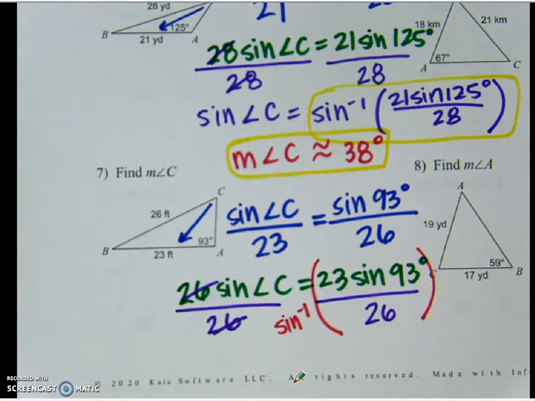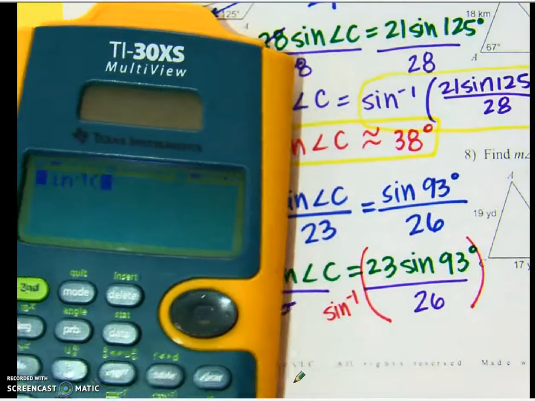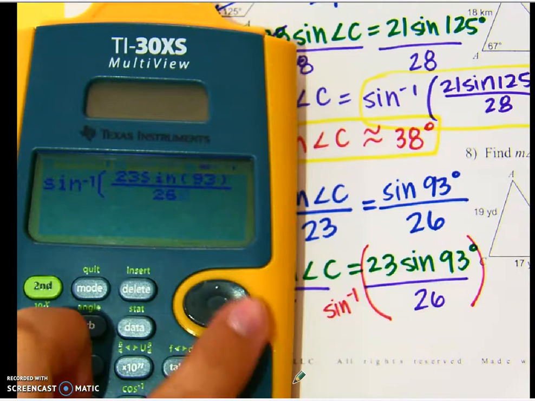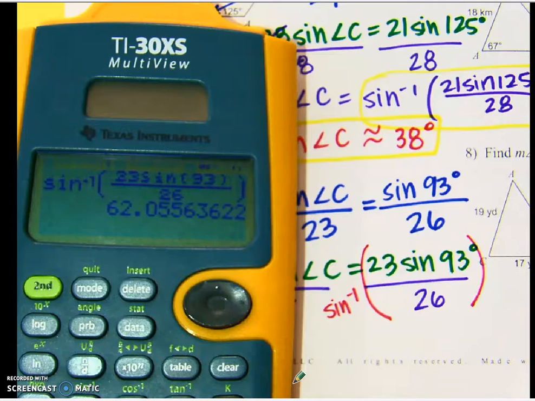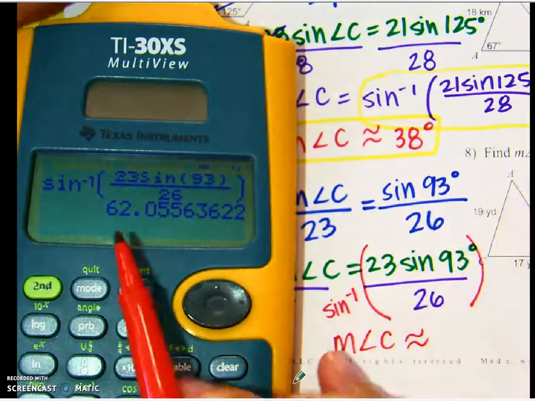So second sine, I'll do that one more time. Second sine, you get your little sine to the -1. 23 sine 93 over, hit the N over D button, 26. And so the measure of angle C is going to be about 62.